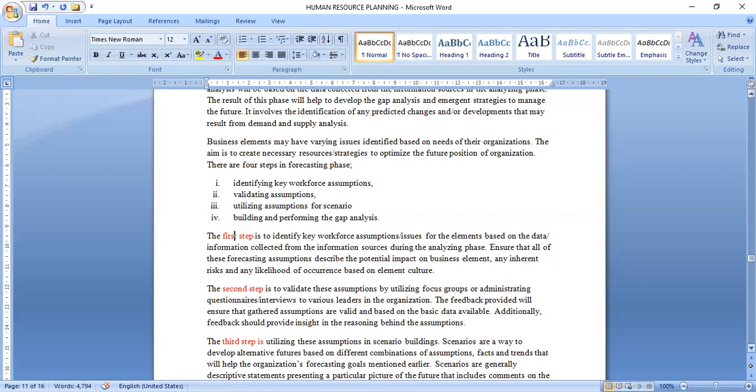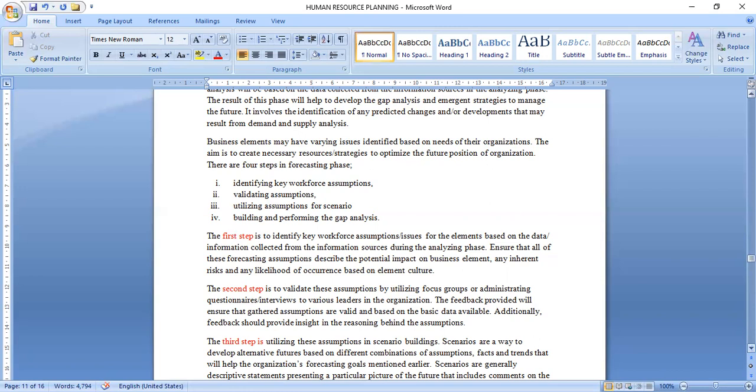So at the end of the day, number 3 is you utilize the assumptions for the scenario. After you've validated that this is true, that there is an increase in the production of goods and services, then you need to recruit more workers to help in the production process.